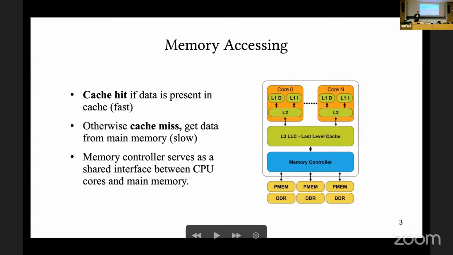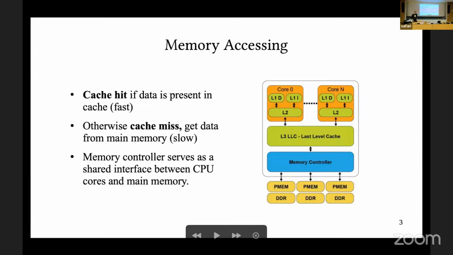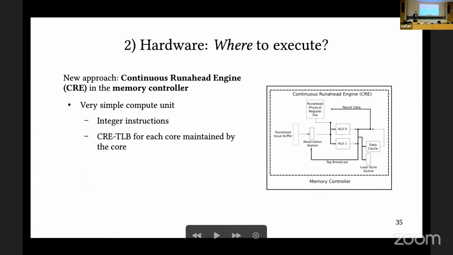Okay, but the authors didn't think this was good enough or promising, so they proposed a different approach, namely giving this its own space in hardware and its own engine, the continuous Runahead engine they call it, and they put it in the memory controller. Interestingly. Okay, so here's how they say this should look, roughly.